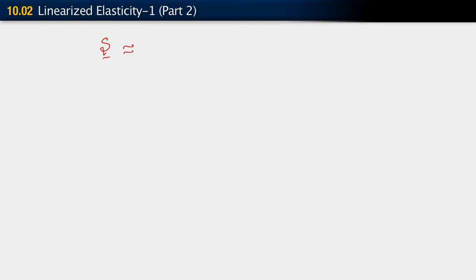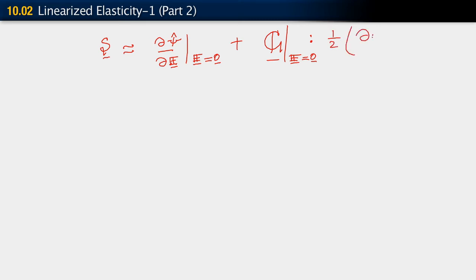So S is the residual term plus a term C at E equals 0, contracted with E, but E we're approximating as this.